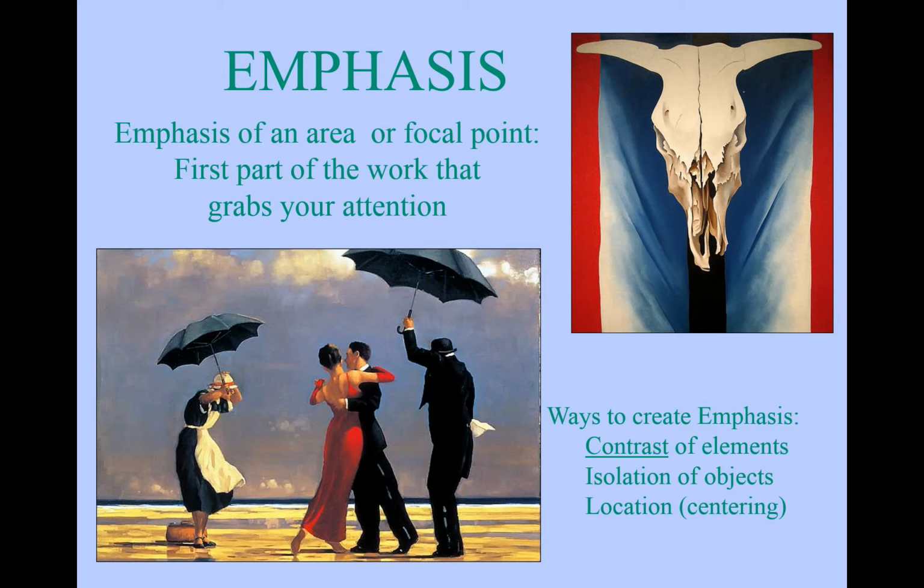Because she is in the center, we use centering, but we also use contrast of elements because of the colors. She's also isolated. Not necessarily that she's by herself, but she is the only object that is that bright red. Because she is isolated in being in red, our eye goes straight there. Same thing with the picture on the top right. Because that is the only skull or only major object to focus on, our eye goes straight there.